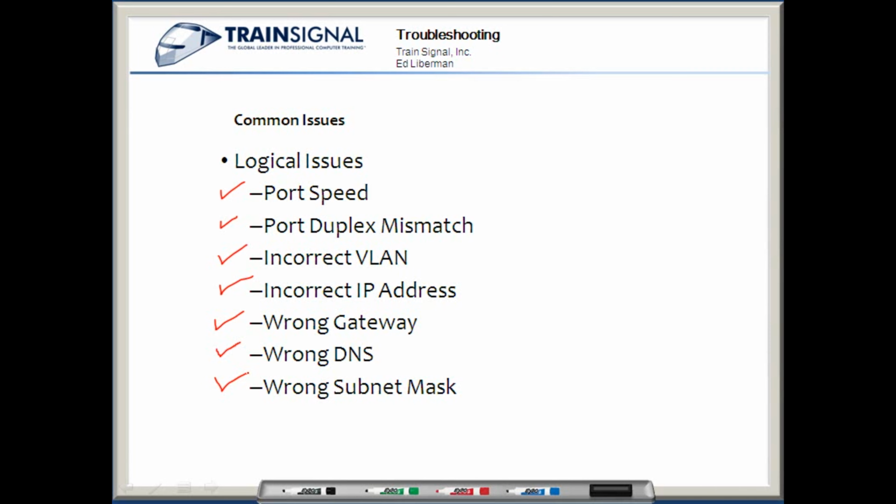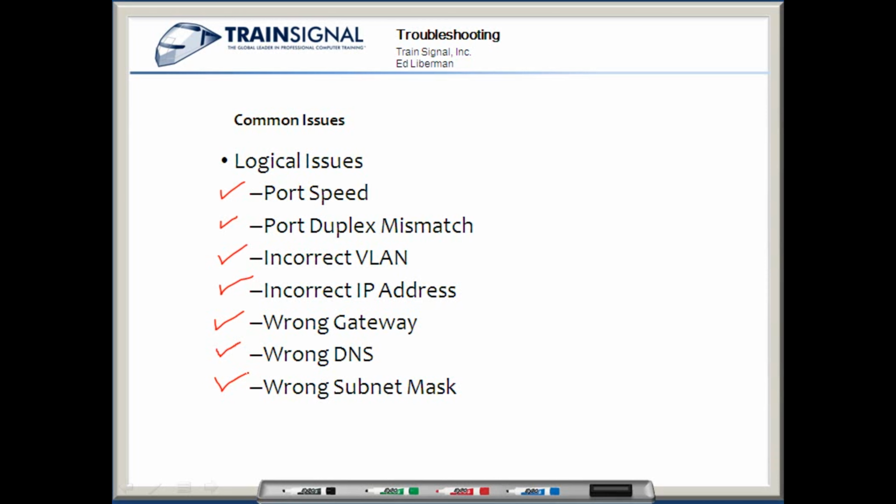Wrong DNS, if you're pointing to the wrong DNS server, you're not going to have name resolution working for you, because you may be pointing to no DNS server, or you could be pointing to the wrong DNS server that doesn't know how to service your needs. And then, of course, wrong subnet mask, because every IP address has to have a subnet mask. And if you don't have the appropriate subnet mask, then that IP address is effectively changed.